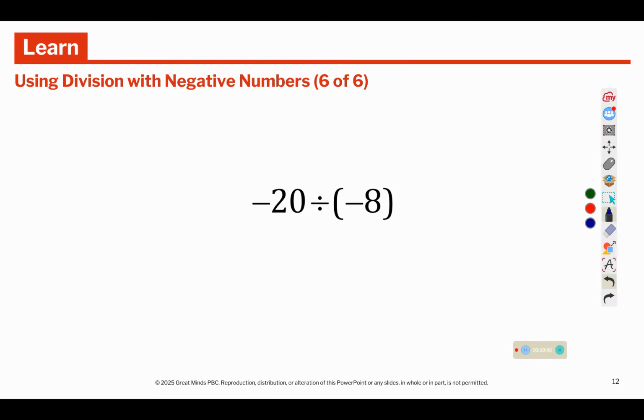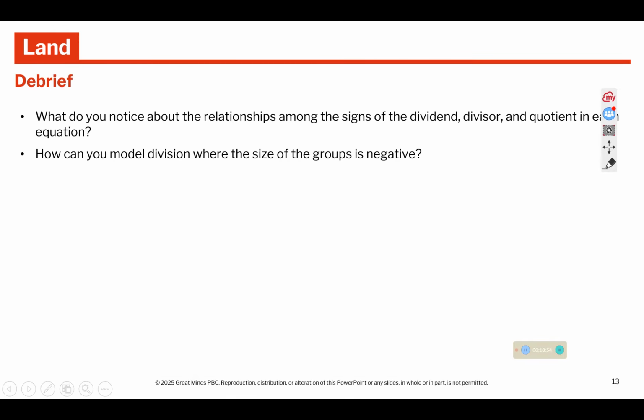Negative 20 divided by negative 8. Those signs are the same. So think about those conjectures or those hypotheses that we use to help you answer questions when dividing integers.